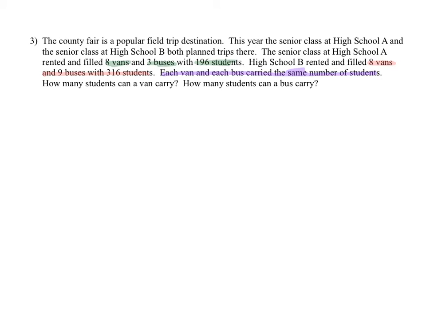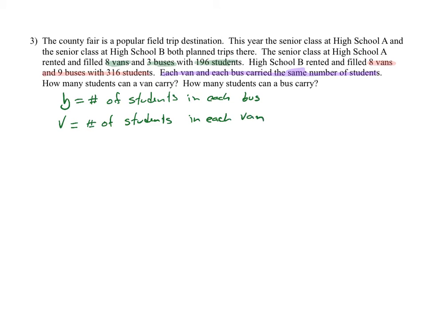So let's name the variables. B is the number of students in each bus, and V the number of students in each van. On high school A, I have 8V plus 3B equals 196.